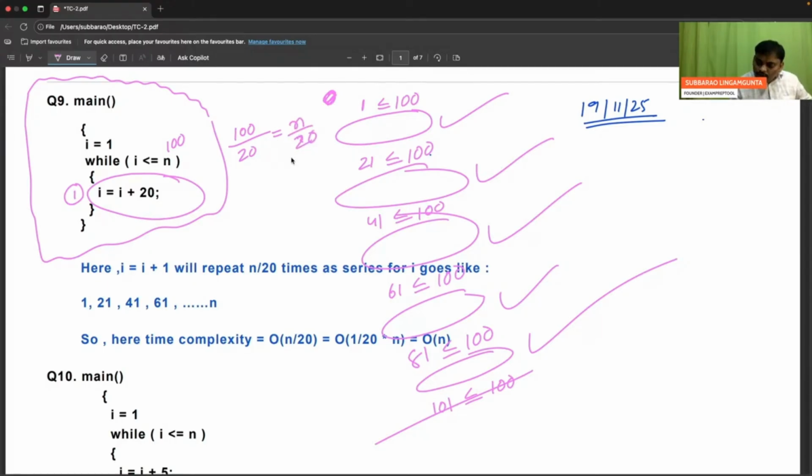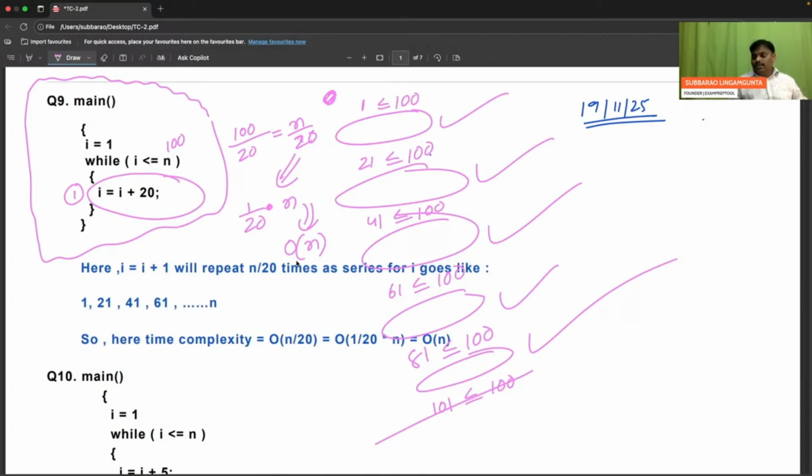I think everyone knows n by 20 can be written as 1 by 20 into n. But 1 by 20 is a constant. So this can be written as big O of n, omega of n, theta of n. So the time complexity of this program is big O of n, omega of n, theta of n.